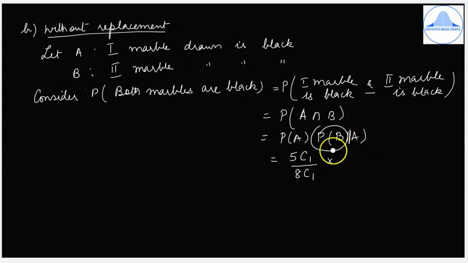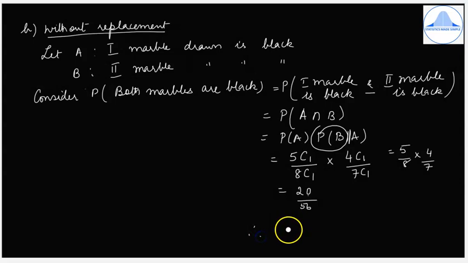So in the box there were 5 black marbles, and because you're not putting back the first black marble inside, there are only 4. From 4 black marbles you have to pick one, so 4C1, and the total number of marbles also would have reduced, it is 7C1. So it is 5 by 8 into 4 divided by 7. So it's 20 divided by 56. So therefore we get probability both marbles are black is equal to 0.3571.